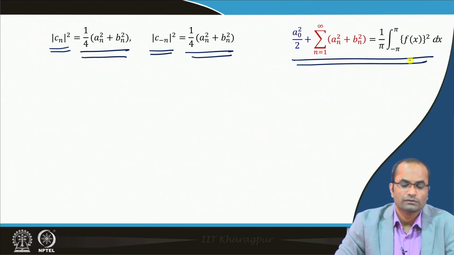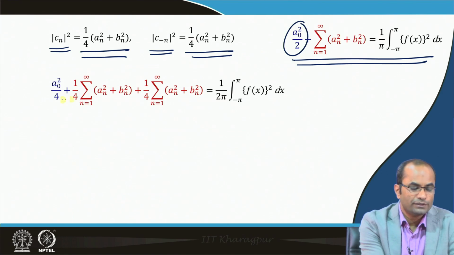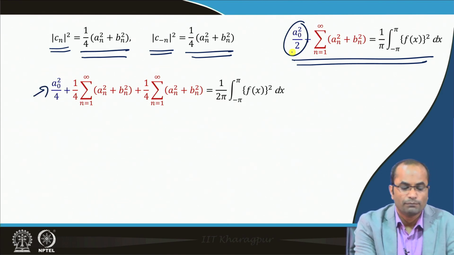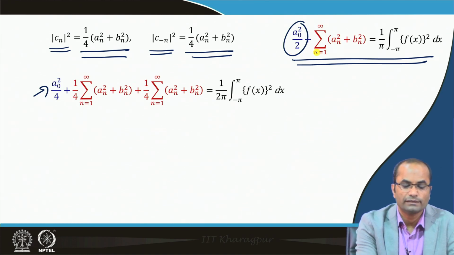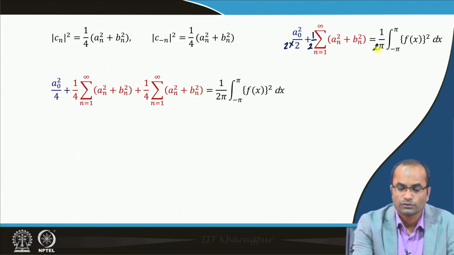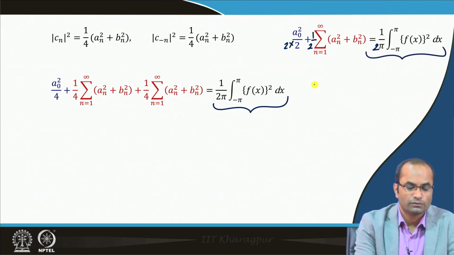So, now we can convert into the forms of C n's. First, the first term A naught by 2, square, is A naught square by 4. So, we had multiplied by 1 by 2 the whole series, so here 1 by 2 will come, and then here also 2 pi. So, this is matching exactly 1 over 2 pi, integral minus pi to pi f x whole square.